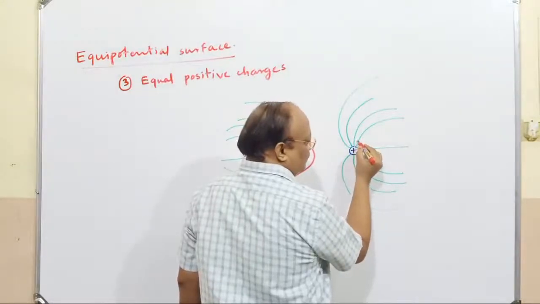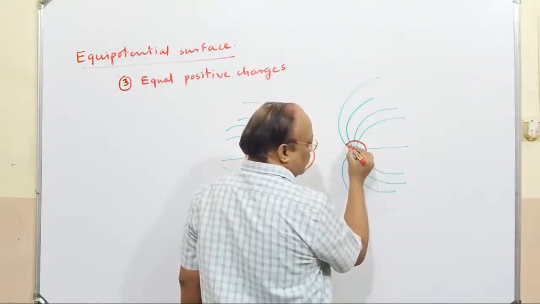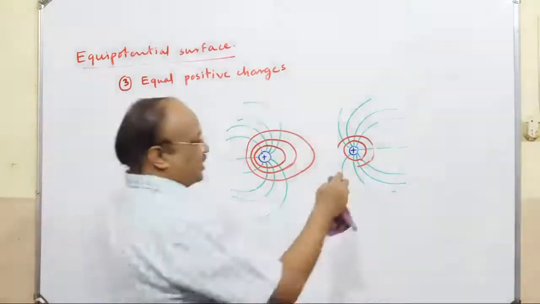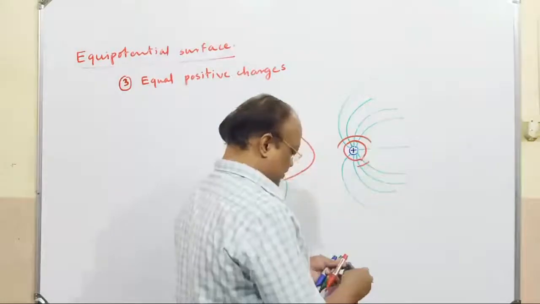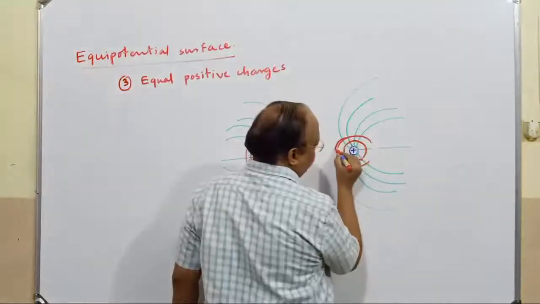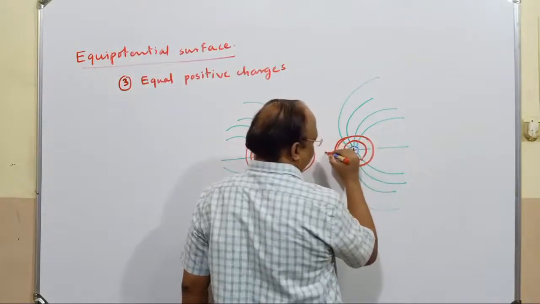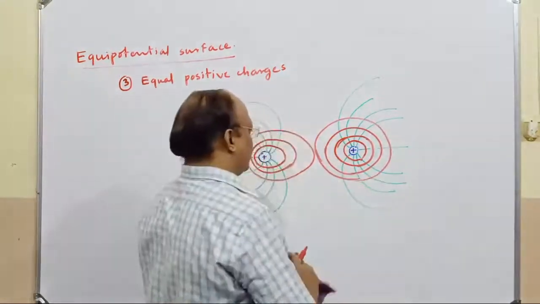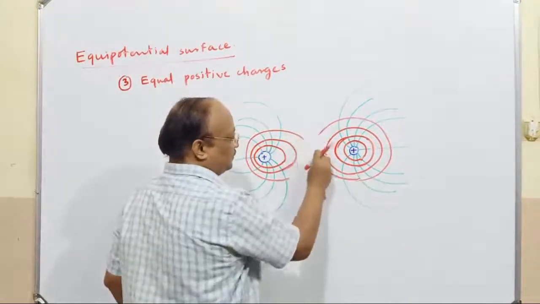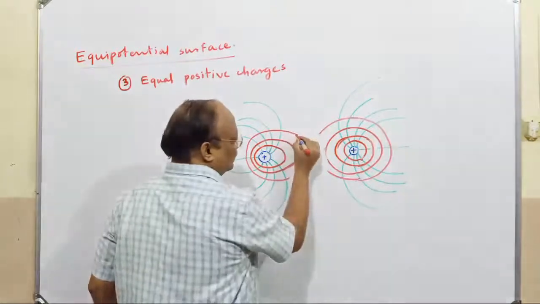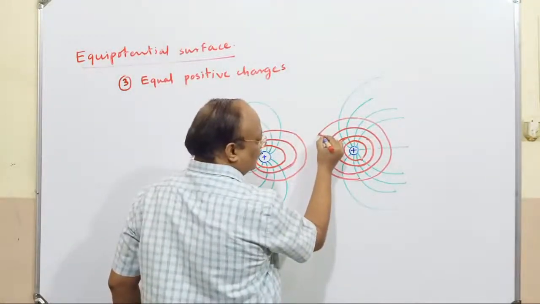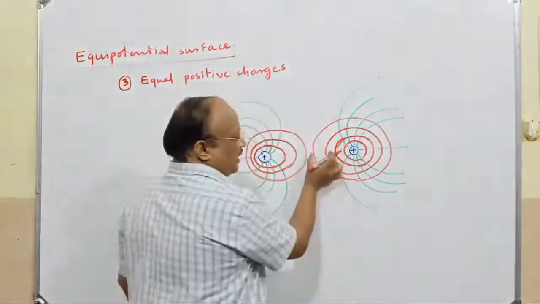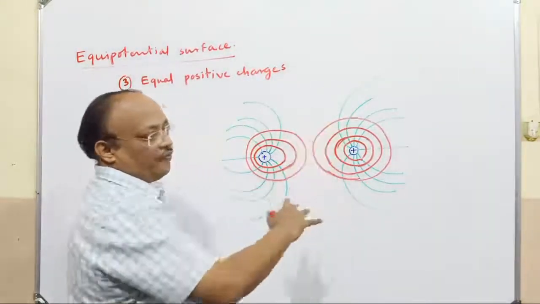The spacing here will be less, whereas it should increase on this side, because there is no field.